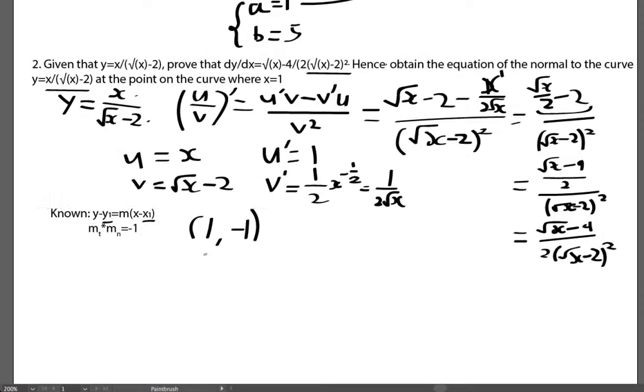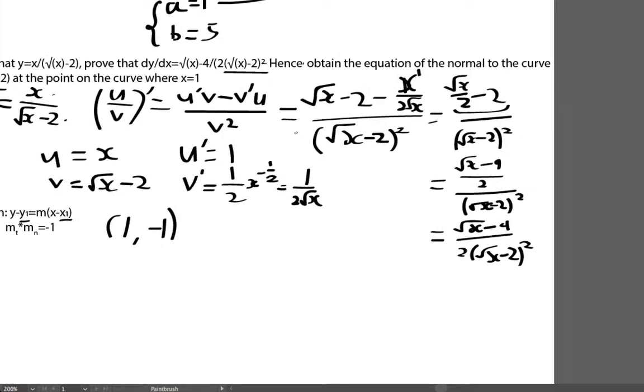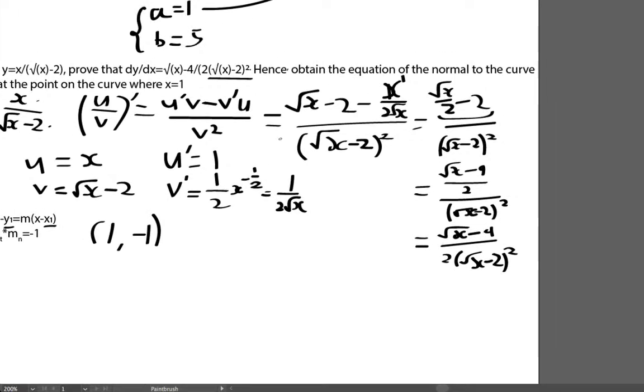And then after that, you want to figure out what is the gradient. Luckily you have already figured out the derivative of the crazy function, so you can just figure out this y prime evaluated when x equals to 1.